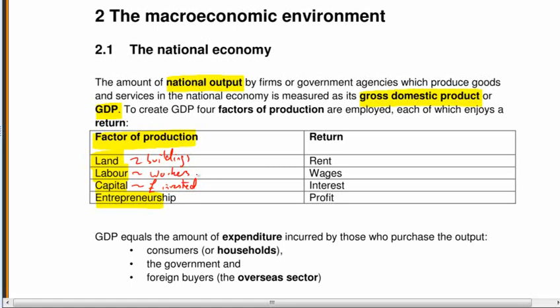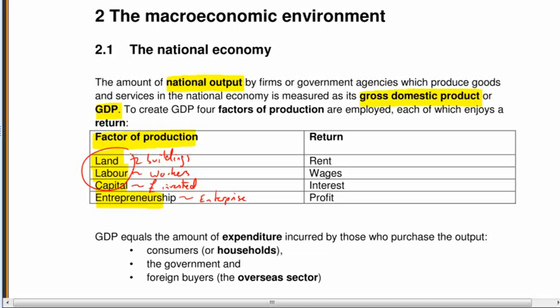It comes from shareholders, it comes from banks, it comes from money lenders. And you also need your entrepreneur, enterprise. Now, this is the person who gets everything else organized. These are the people who set up businesses. They buy a building, they hire workers, they invest their own money and borrow money. And they're the ones that set up businesses and drive the economy.